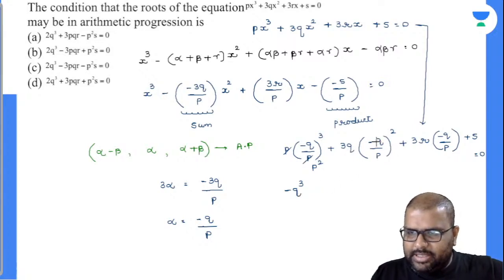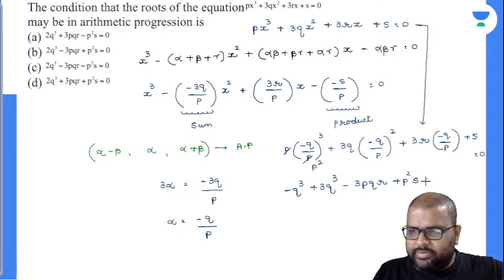Minus q into minus q will become plus q square. So this will become plus 3q cube, sorry. So p square is in the denominator, right? Then plus, minus into minus, 1p will be there. So this will become minus 3pqr. And this will become p square s is equal to 0.